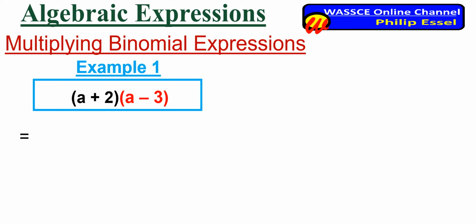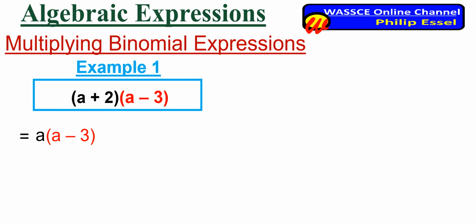So let's write that first. We would multiply this a by the whole of the second binomial expression. The second binomial expression is (a - 3), so the a will be multiplied by (a - 3). Let's quickly do that.